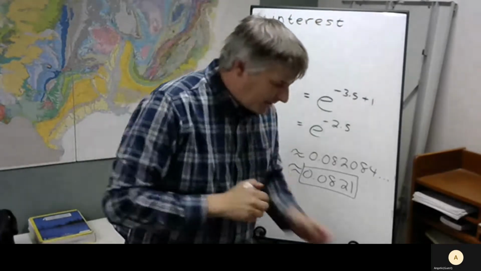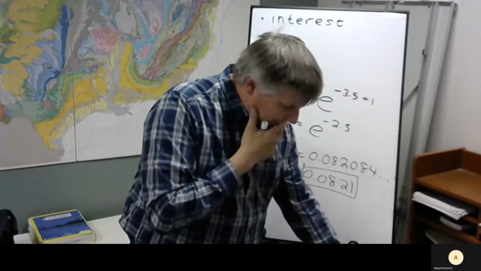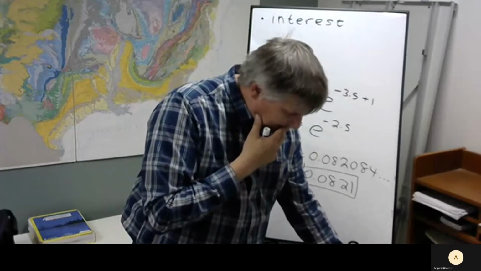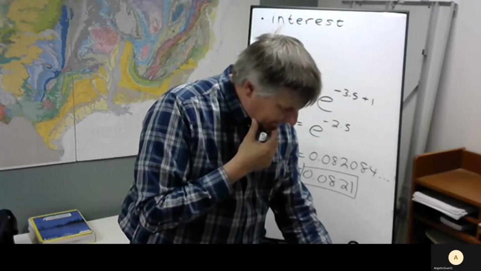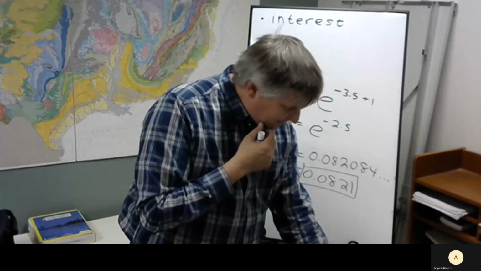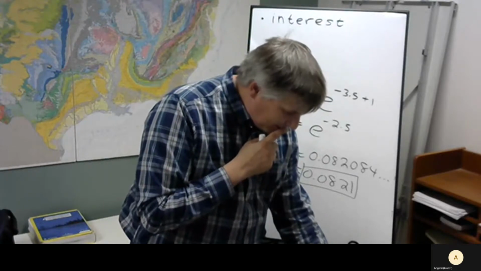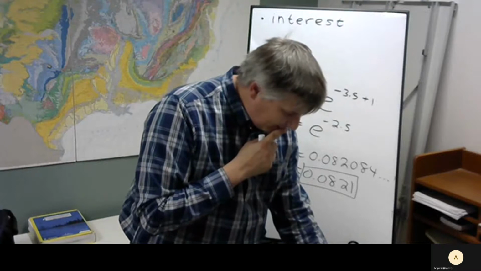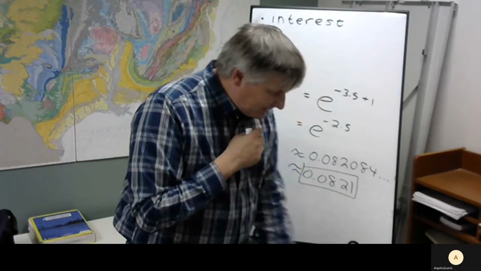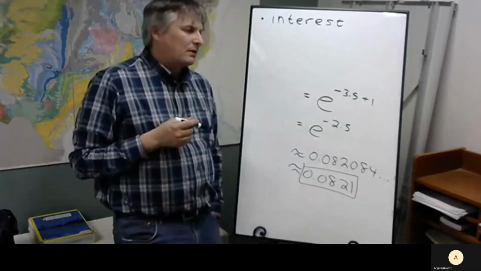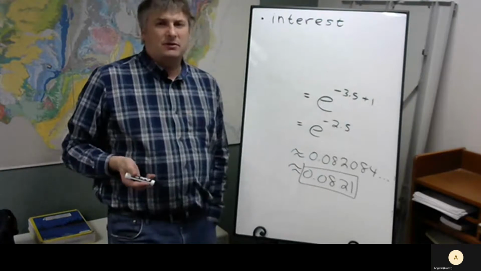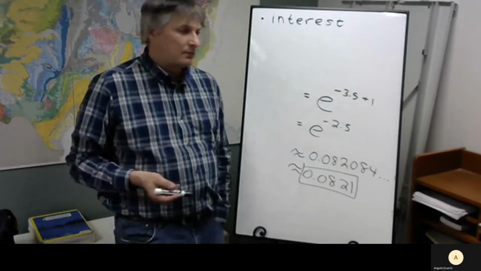Now we've got to be a little careful with this interest formula. The reason is that when you're dealing with days, they tend to treat the days in a year differently. In this section, they're going to use 365.